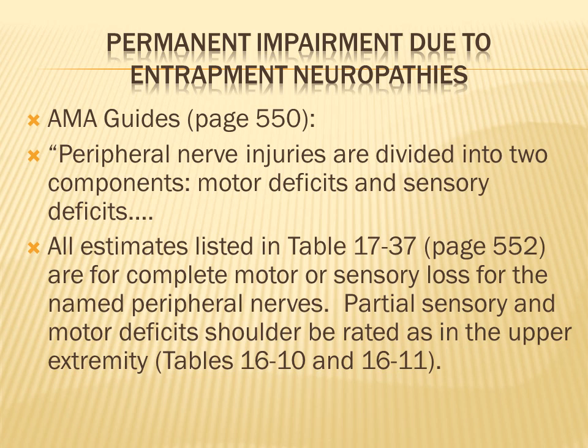Now, we're not often going to see complete motor or sensory loss, so the Guides give us instruction on how to handle partial sensory loss and partial motor deficits. It states that partial sensory and motor deficits should be rated as in the upper extremity, as described in Tables 16-10 and 16-11.